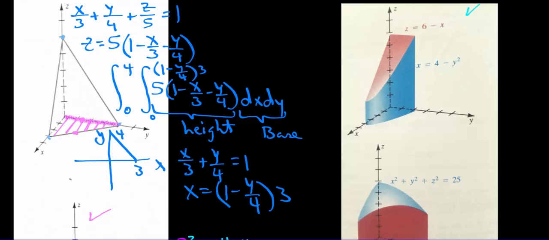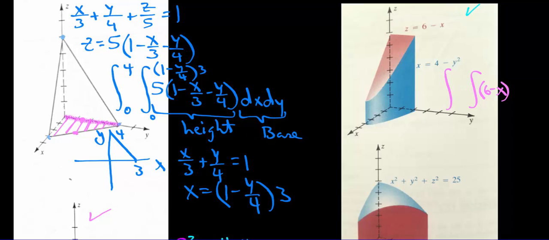Now, when you first start this, you say, okay, what is my height? Well, my height here is going to be 6 minus x, right? You can just look and see, okay, they've labeled that for me. That's a good thing they've done for me. So now I've got 6 minus x. Good, got that done. Now I don't care about the height anymore.